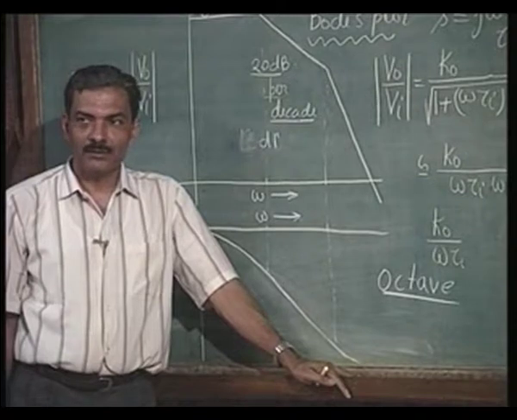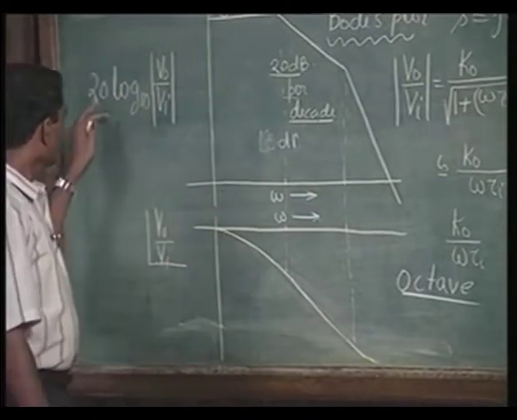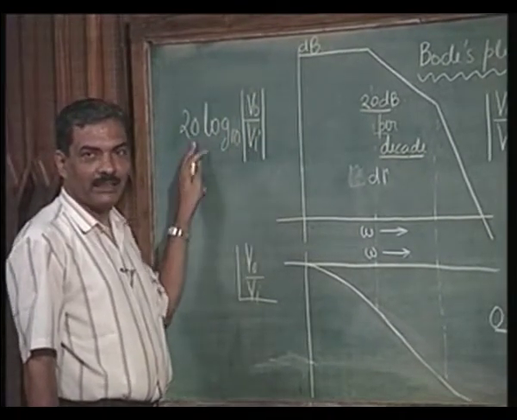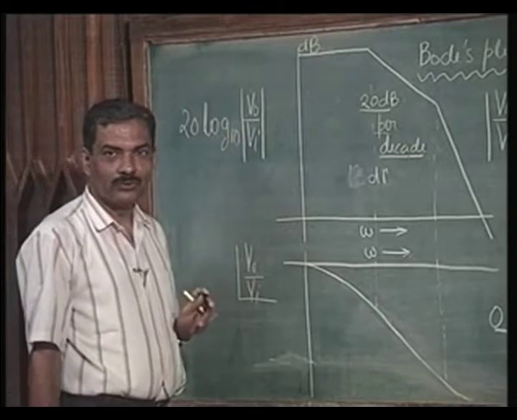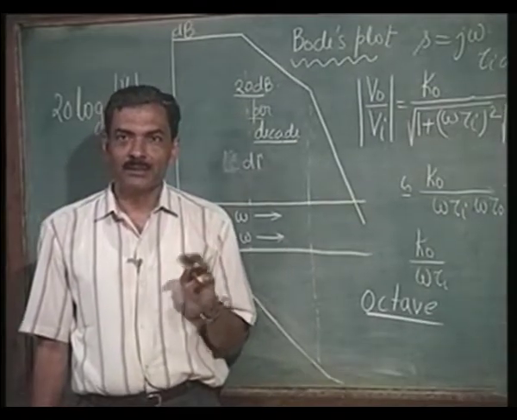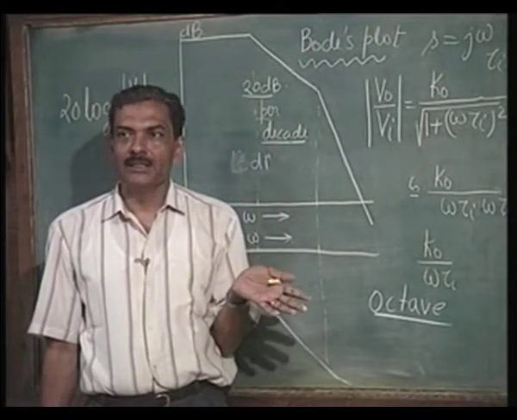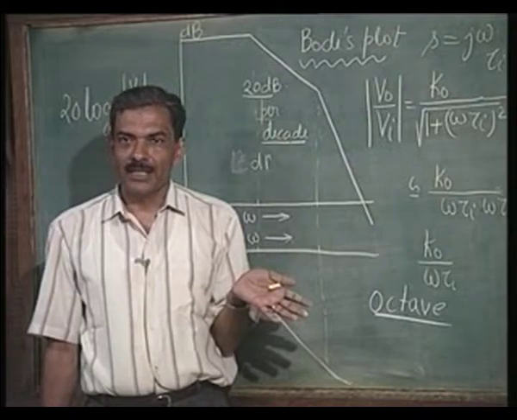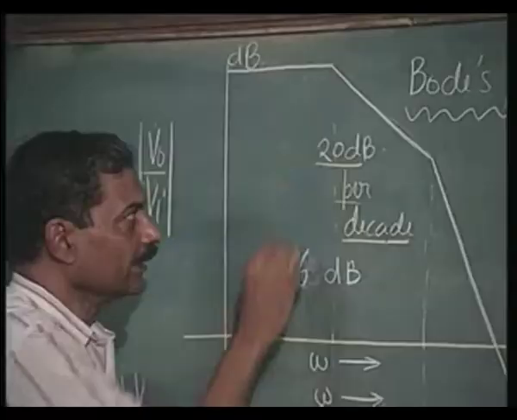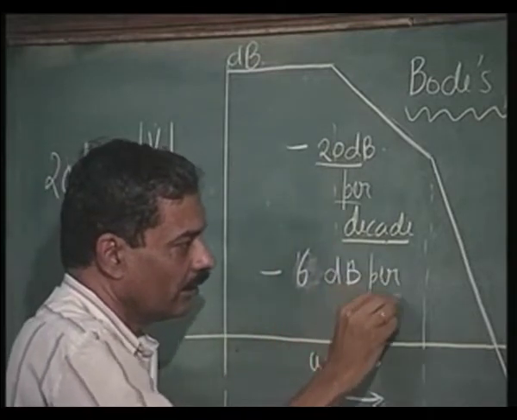What is octave? A factor of 2. So, 20 log 1 over 2, which is minus 20 log 2. Log 2 is 0.3, so 20 log 2 is 6 decibels. So, minus 6 decibels per octave.